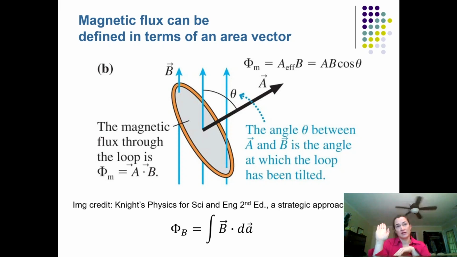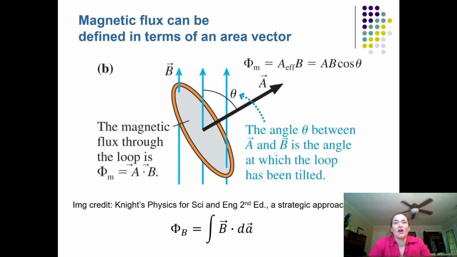So, for example, if here my hand is the area vector, then my finger pointing out here would be the area vector pointing out from the loop. Okay? Now, the magnetic flux is the dot product of the magnetic field with that area vector. So when you take the magnitude of your dot product, you get the magnitude of your field B times the magnitude of your area A times the cosine of the angle in between the magnetic field and the area vector.